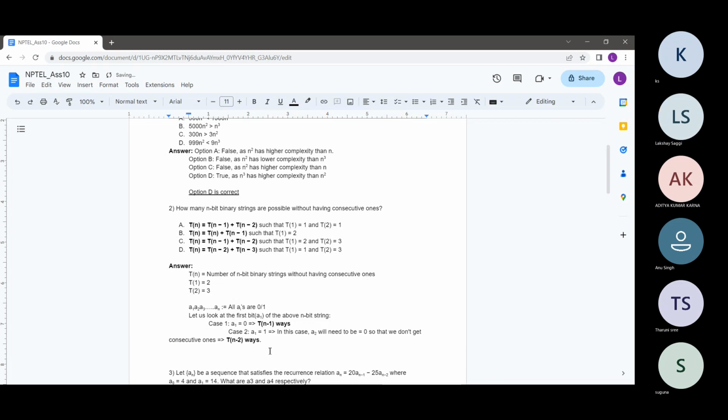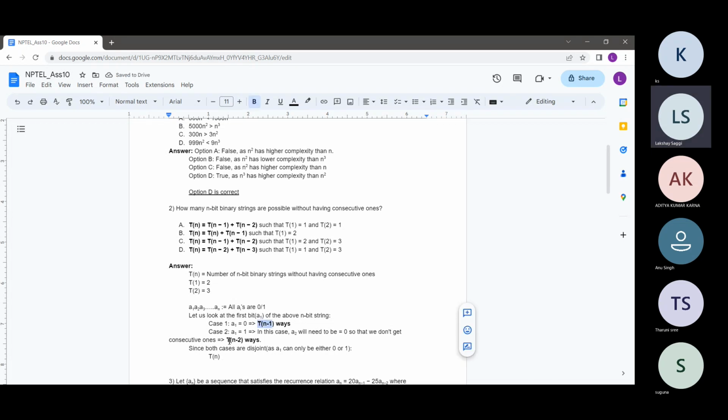The final answer for us will be, since case 1 and case 2 are disjoint with each other, as A1 can only take either a value of 0 or a 1, so since both cases are disjoint, what we can say is that the value t of n will be nothing but the sum of the number of ways of case 1 and case 2.